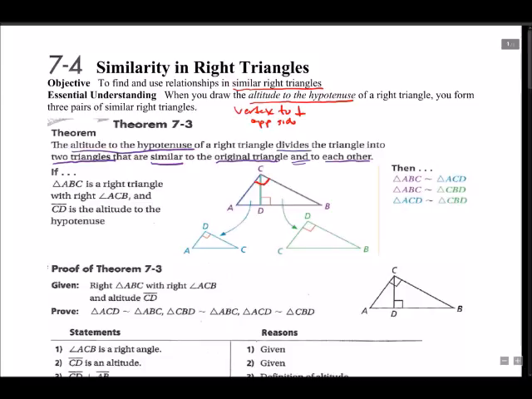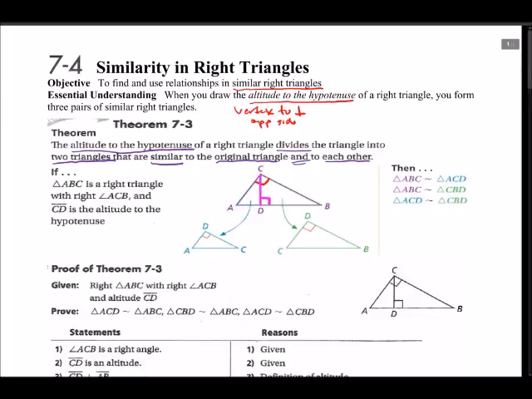And notice that we draw the altitude to the hypotenuse. Our altitude, let's draw that in a different color. Our altitude to the hypotenuse here goes from the vertex that is the right angle and comes over here to the hypotenuse.